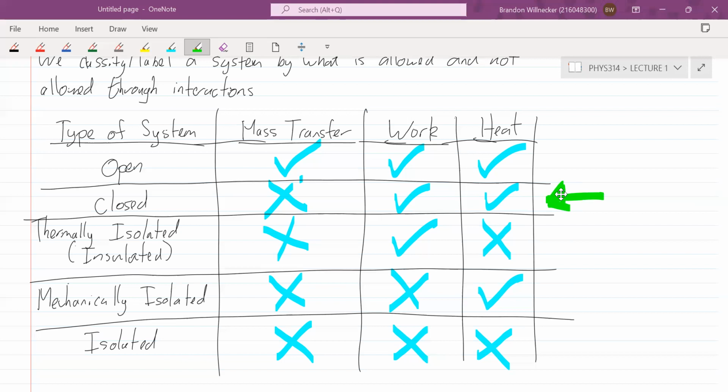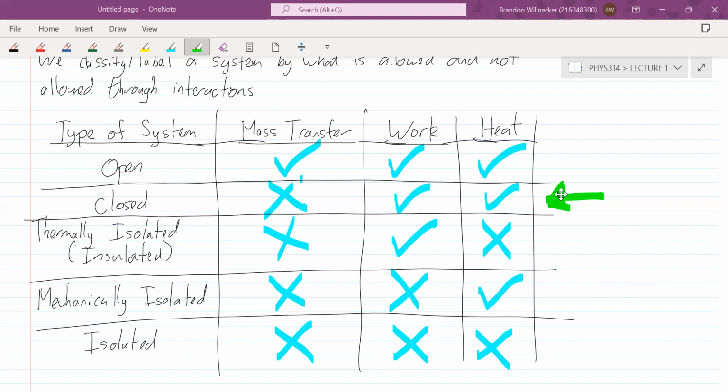Later on, when we look at something called the Gibbs free energy, we will see that in those cases, mass can be transferred or particles can be exchanged. In the next part of the module, you'll also be looking at open systems where particles can be exchanged. So we're going to start off with these closed systems, and then we can add restrictions.